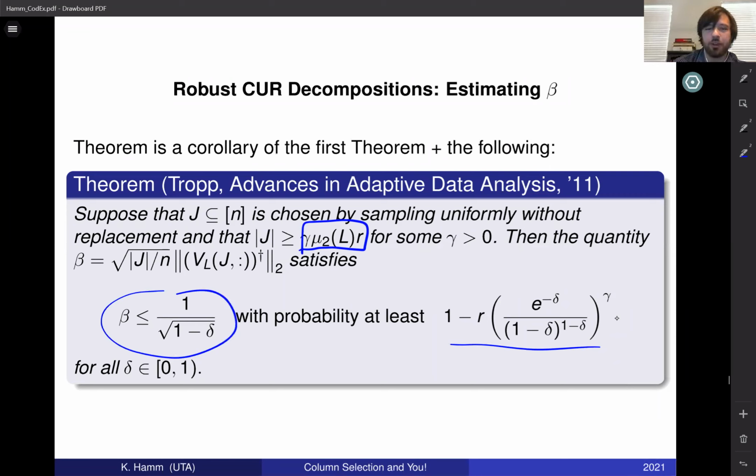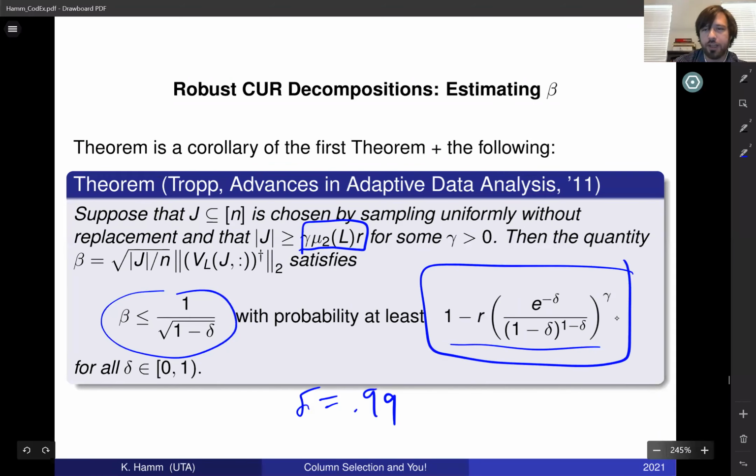The theorem statement I put before, choosing delta to be something like 0.99 and getting this probability to be something like 1 minus 1 over n, requires gamma to be log of n, essentially. So you can play with that depending on what you want this bound to be.